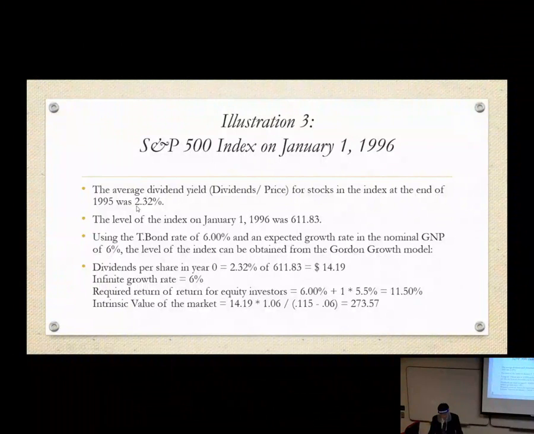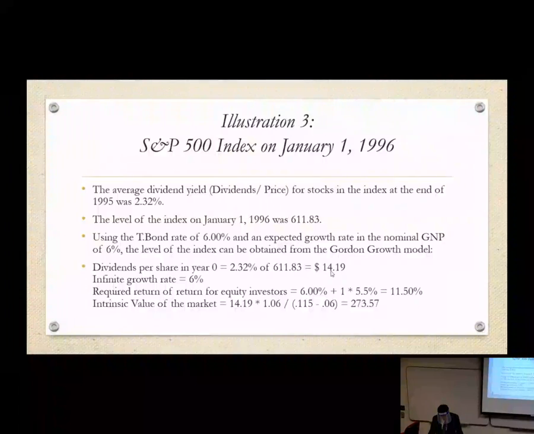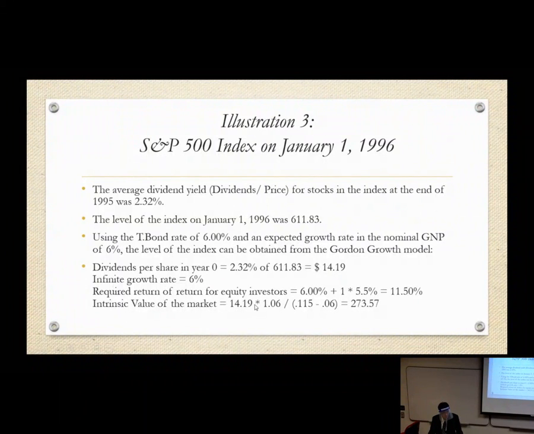Dividend yield times the price level, right? It's about $14. Multiply that with 1 plus the growth rate 6%, right? Divided by R minus G, that gives you 273. Wait. The index is like 611 and I'm getting 273.